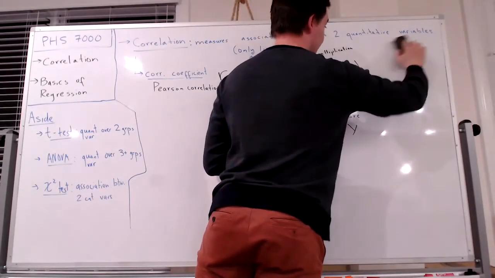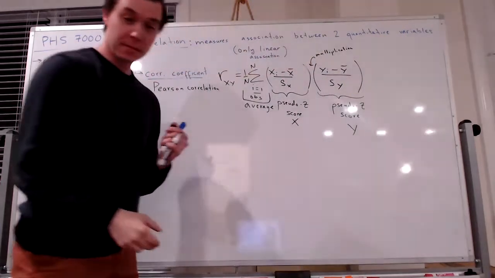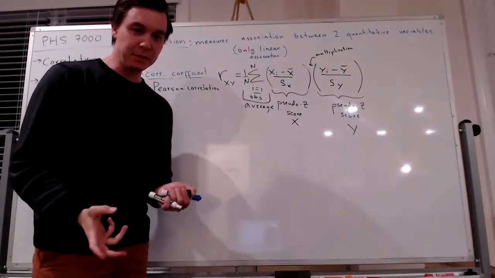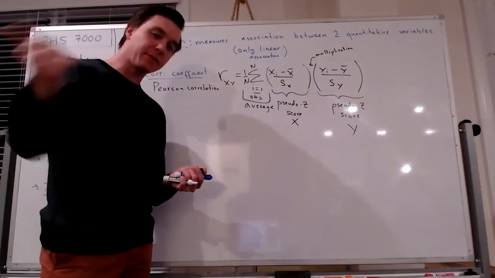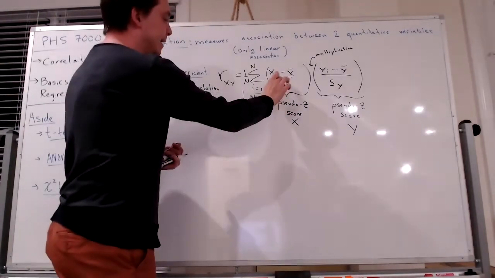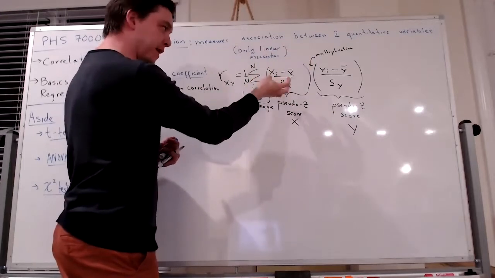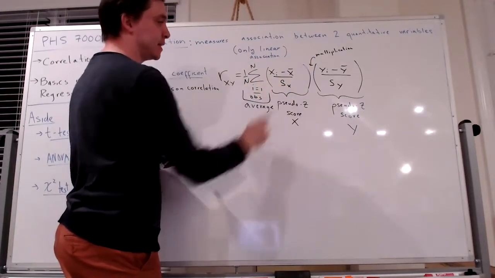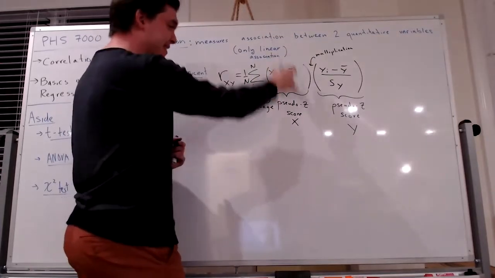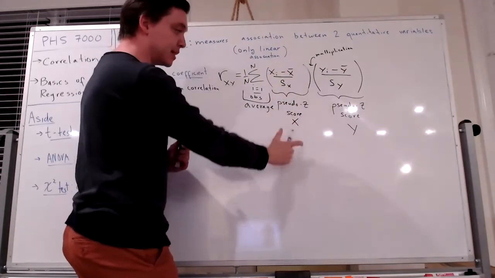But a z-score, if you remember, does tell you that if you're at the mean, it's 0. If you're above the mean, it's positive. If you're below the mean, it's negative. And it involves the standard deviation, so we get a scaling effect that is picked up by that standard deviation. That makes this result unitless.